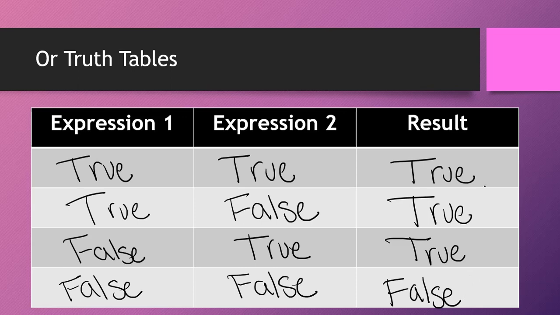Notice, it is super easy to get a true under an or because only one of them has to be true. You don't need both. If you have both, it's cool. That's awesome. Or would be used in a programming construct if you are looking for two sides of a spectrum.